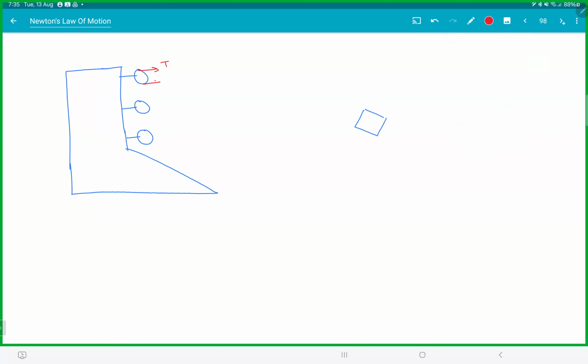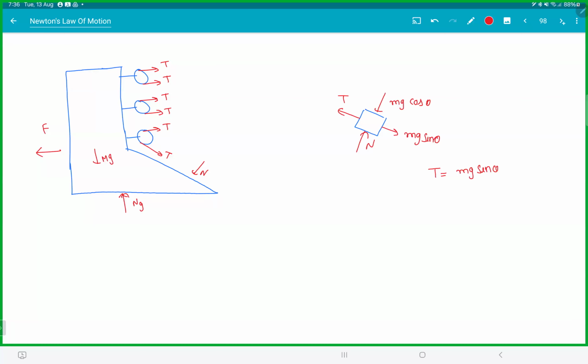We'll have tension, tension, tension, tension, T, tension, normal reaction, capital Mg, N ground, and F. This would be T. This would be mg sine theta. This would be N, and this would be mg cos theta. So from here, T will be equal to small mg sine theta. Those two should balance. It's an equilibrium. And N is equal to mg cos theta.